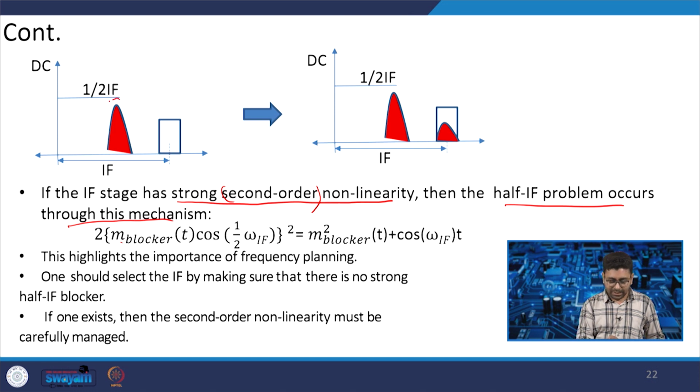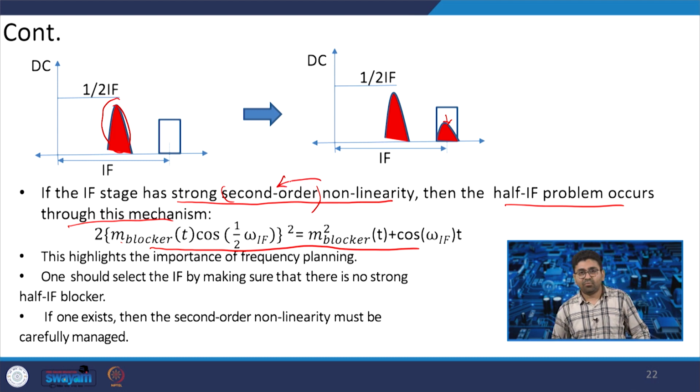So, this will directly be down converted at the baseband. So, we need to be careful while considering any receiver component, it should not have second order nonlinearity.